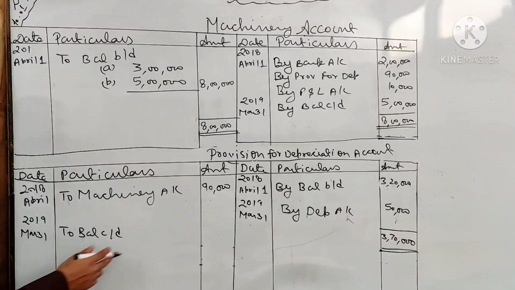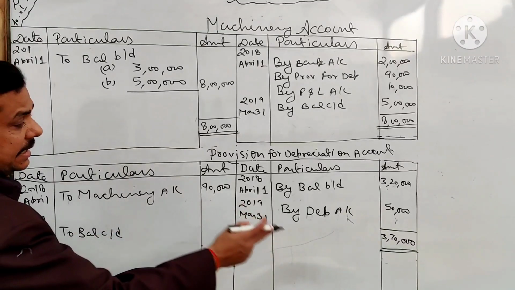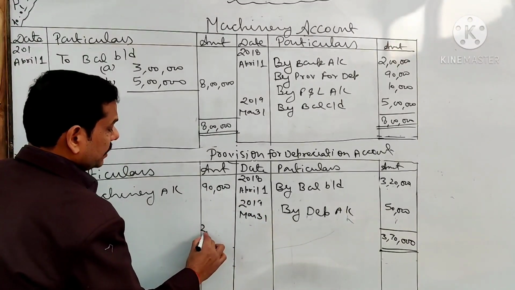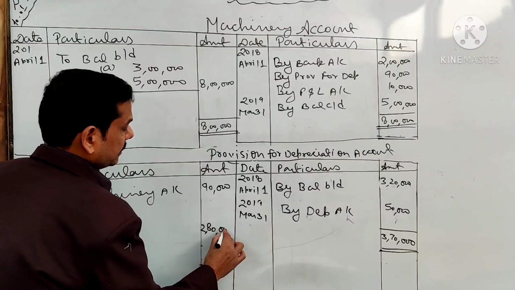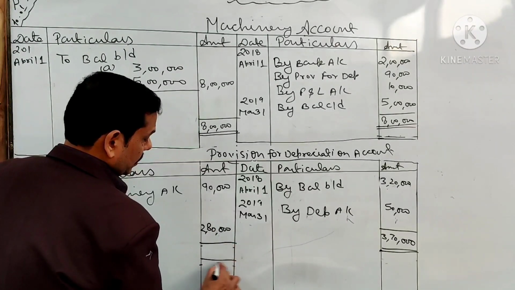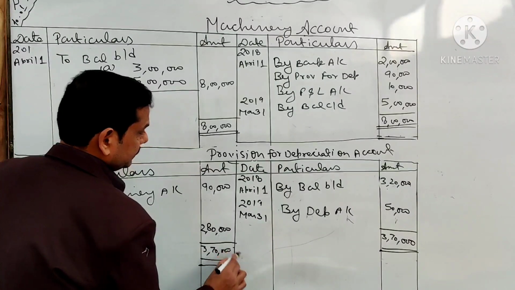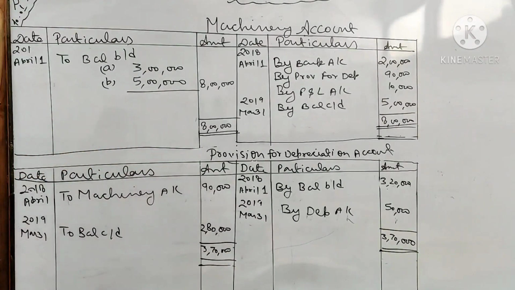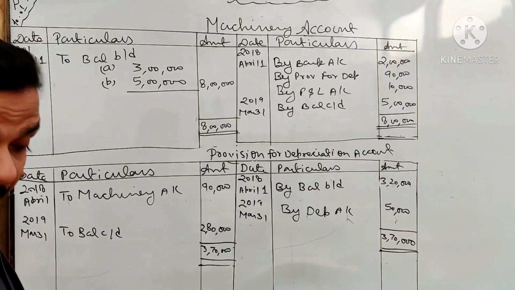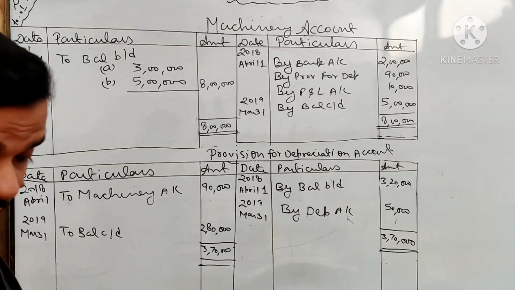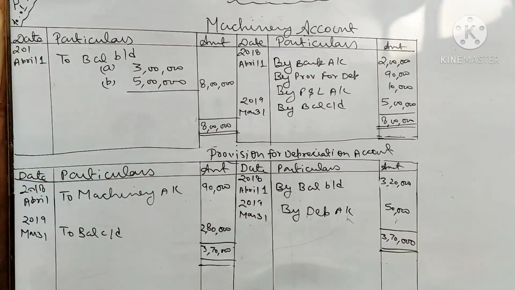So 2019 March 31st, to balance 370 minus 90, that comes to 2,80,000. Again make a total, that comes to 3,70,000. In this way you have to prepare the ledger for machinery account and provision for depreciation account. I hope this is clear to you. Solve the numerical. In the next class we will solve some other type of numerical. Thank you.